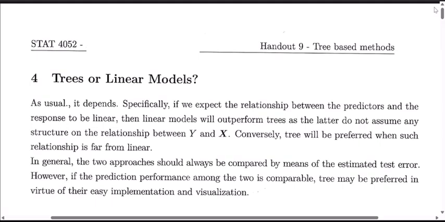Now, whether for prediction or for classification, we are only building one single tree. I'm going to say this again: with a regression tree, we are only building a single tree.